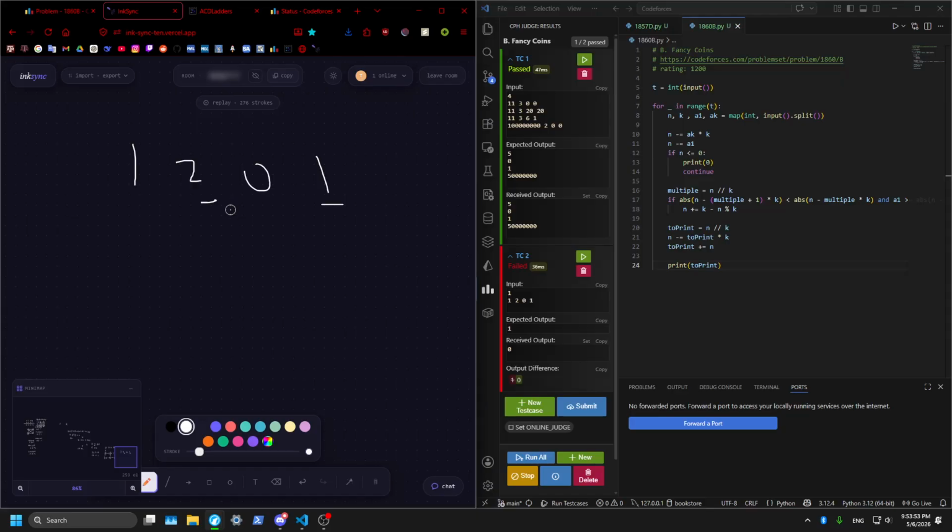Why is this 0? Or why is this expected 1? Oh. Shoot. This doesn't really work, huh?